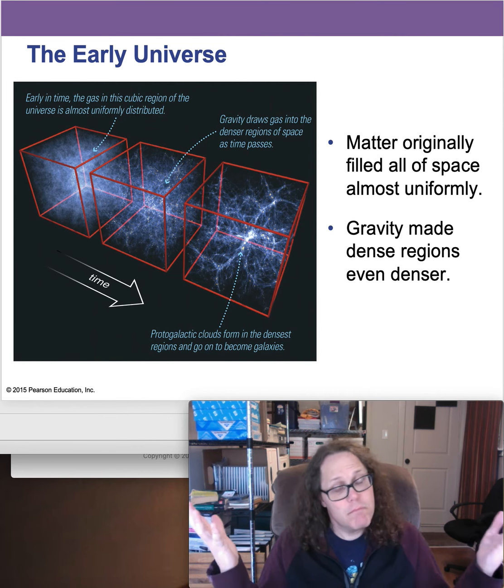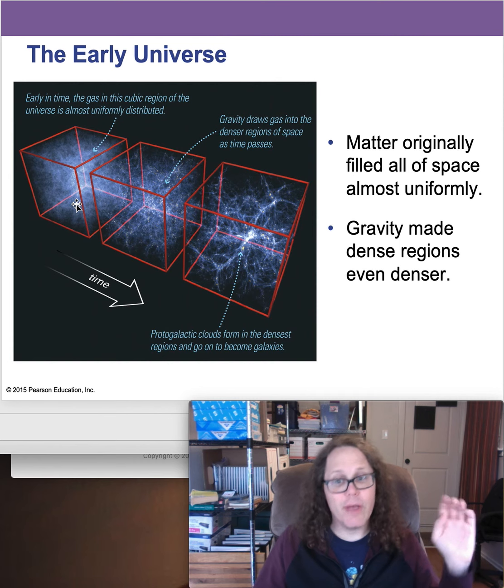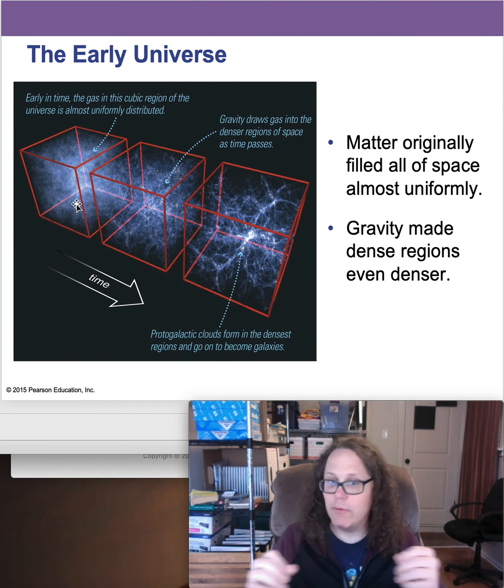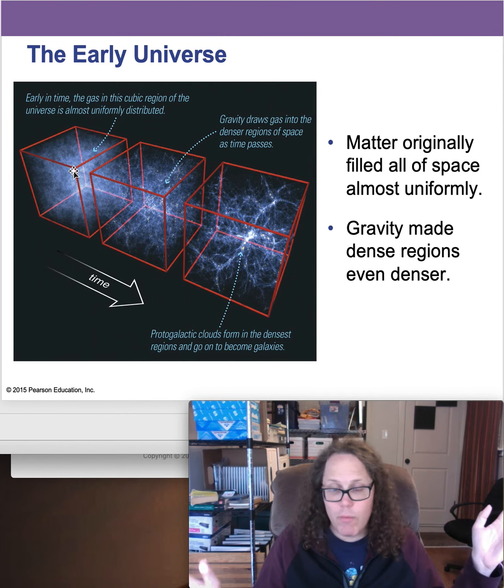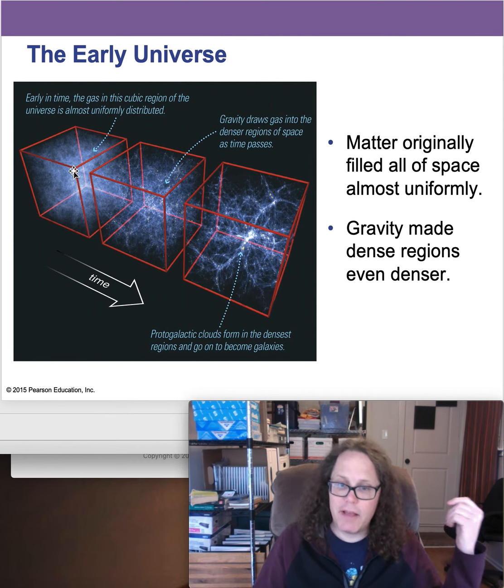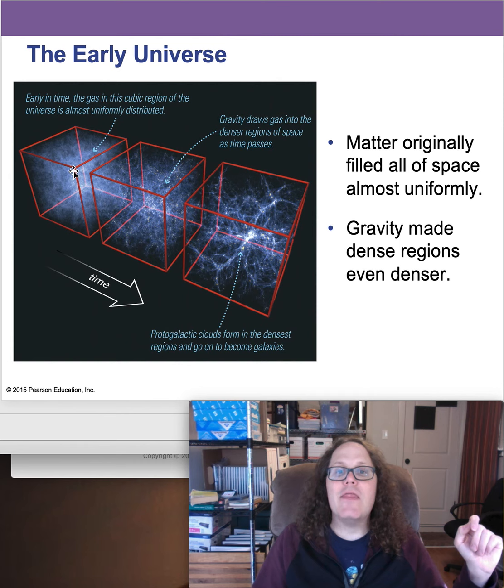It starts out with a cubic universe, one shaped like a cube. We know the universe is not shaped like a cube; that was just mathematical convenience. You put a whole bunch of particles here that are shaped more or less like what we think the universe would have been shaped like very early on. And then you let gravity do its work.